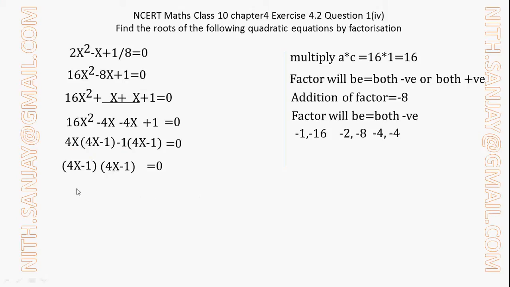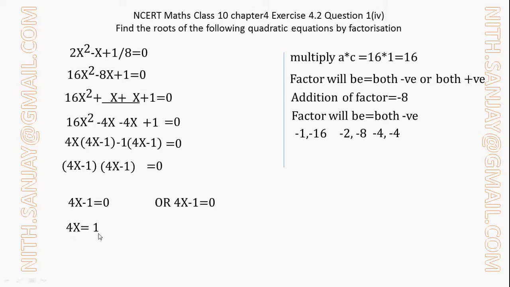Now to find the roots of the quadratic equation, I will equate both these factors equal to 0. So 4x minus 1 is equal to 0, or 4x minus 1 is equal to 0. Now I will add plus 1 to both sides of this equation as well as this equation.